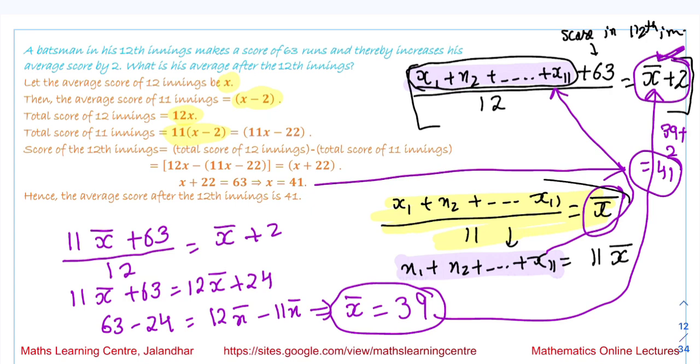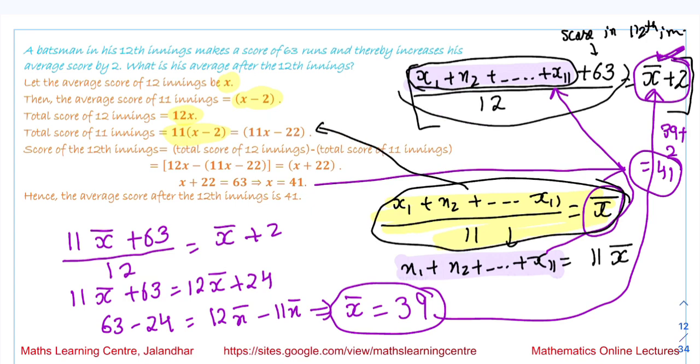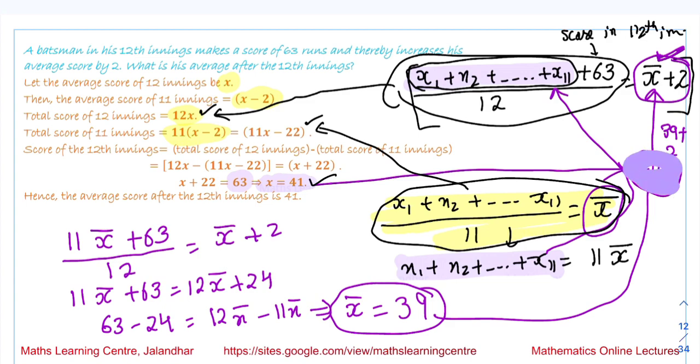This thing we have shown over here, why it is 11 into x minus 2 and why it is 12x. Then the score of the 12th inning means we subtract these two values. It is 12x minus this. So the value of x that we will get is equal to 41, because the score of the 12th inning is given to be 63. So the answer of x is 41, which is the same as we got in this case.